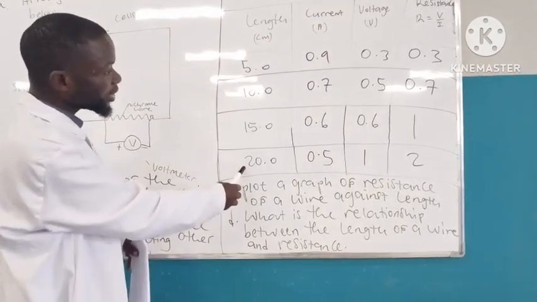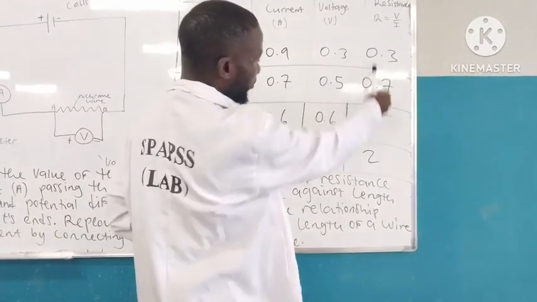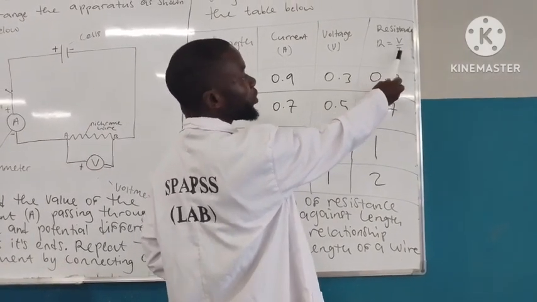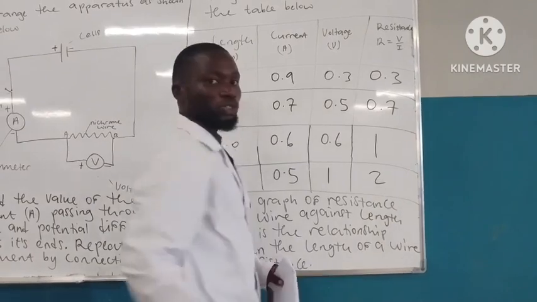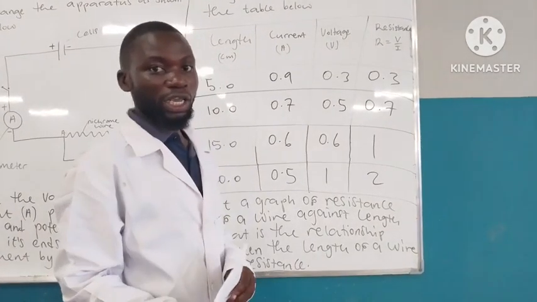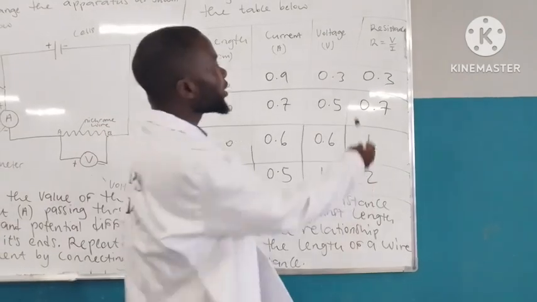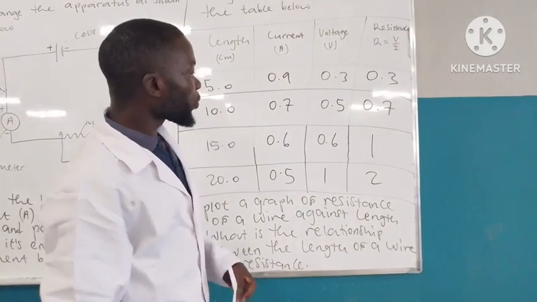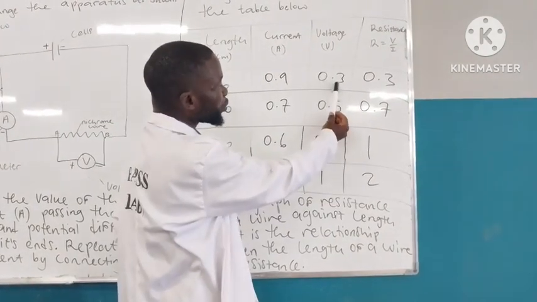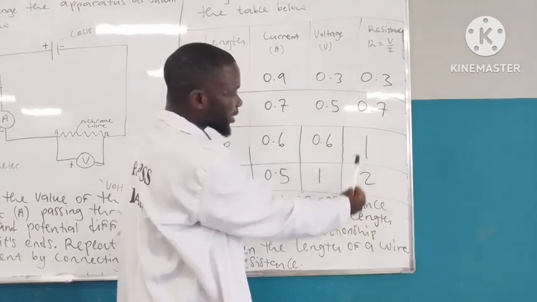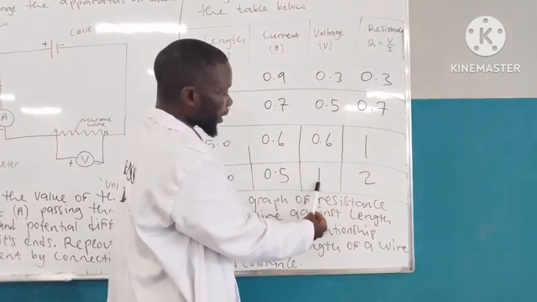As the length is increasing, resistance is also increasing. If you consider this formula, resistance is equal to voltage over current. So it means resistance and voltage are directly proportional. If they are directly proportional, it means when resistance is increasing, voltage should also increase. So you can see voltage starting from 0.3 and it is increasing to 1. So resistance is increasing, voltage is also increasing.